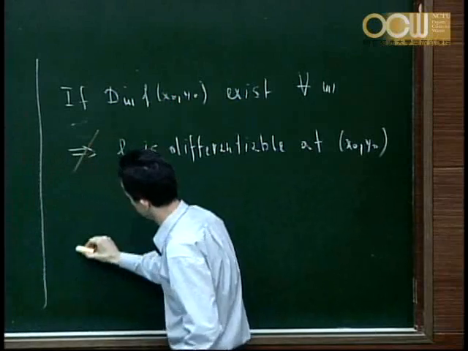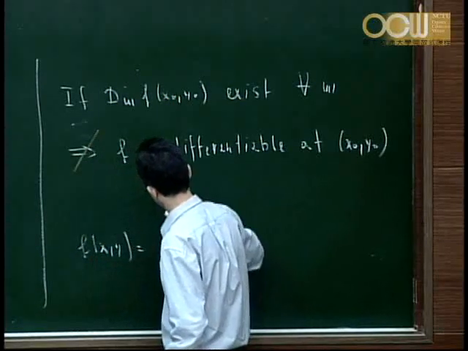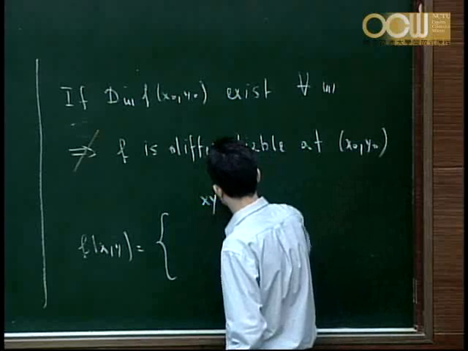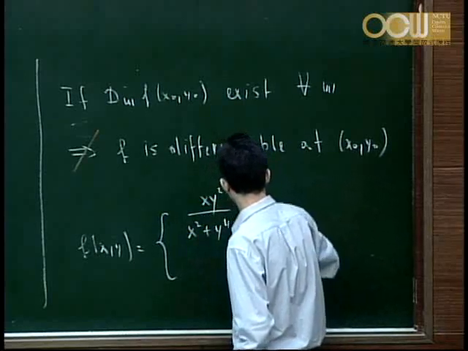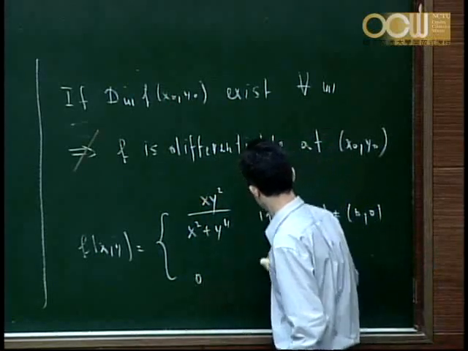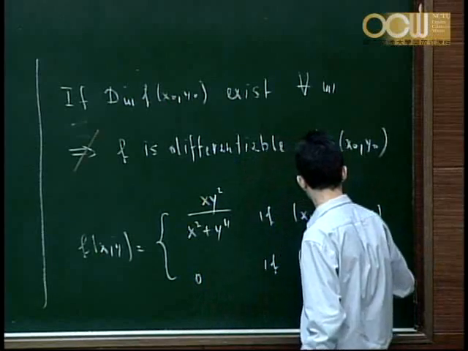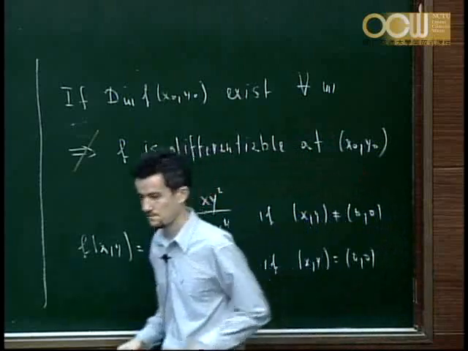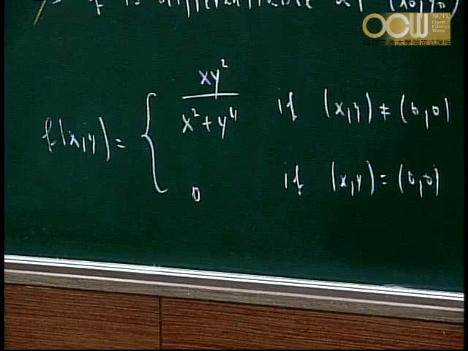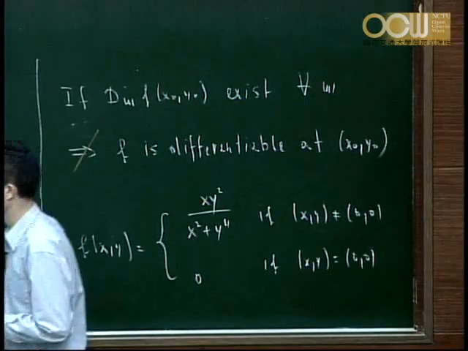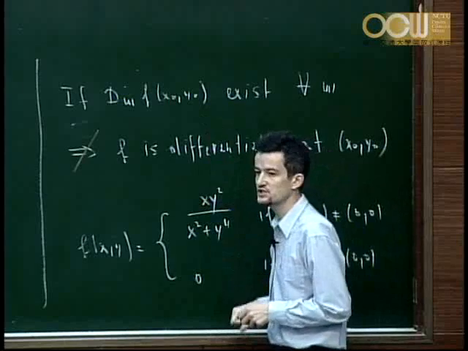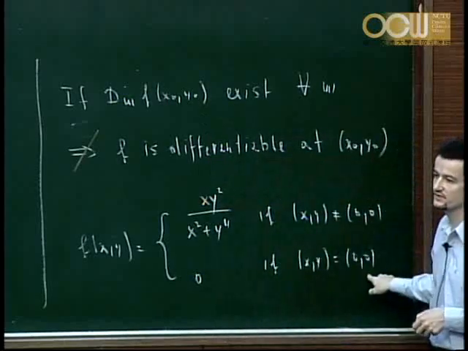Let's look at an example. For instance, an example is this one. Okay, so let's first check whether it's really true that for this function at the point 0, 0, all the directional derivatives exist.